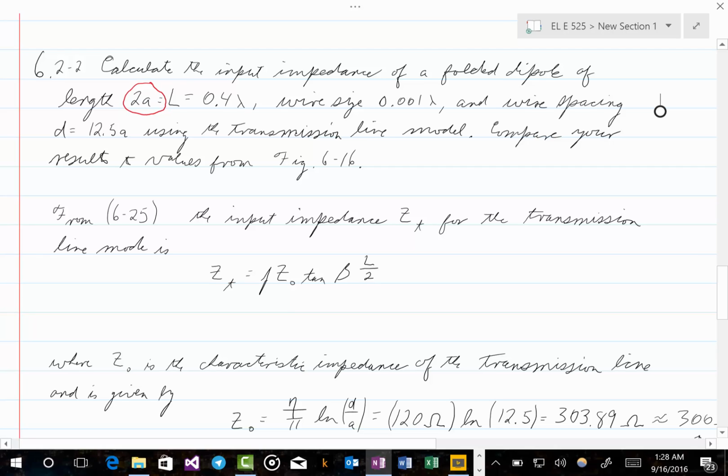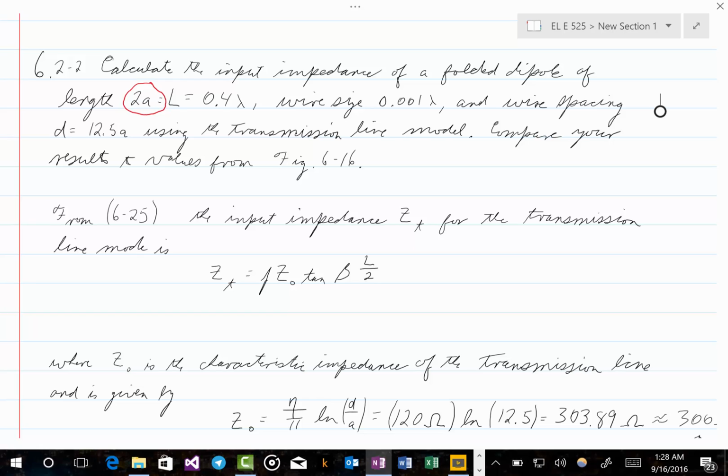Now that figure is drawn in such a way that we can't really read a very precise value. So once we get the calculated value using these numbers up here, we'll just try to eyeball it and see if it does seem to roughly agree with figure 6-16.